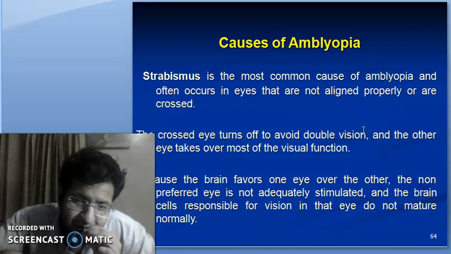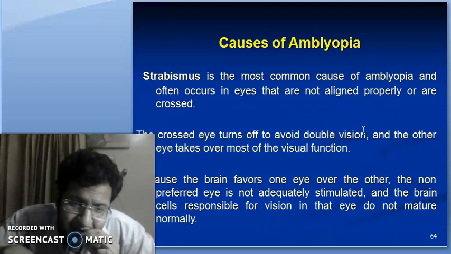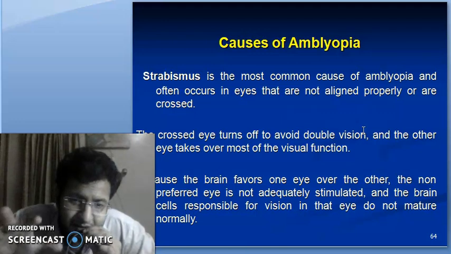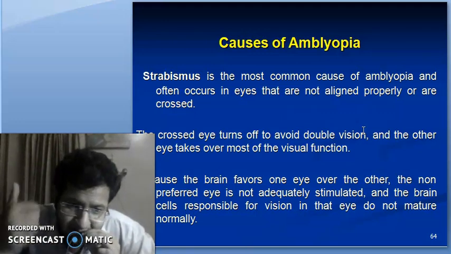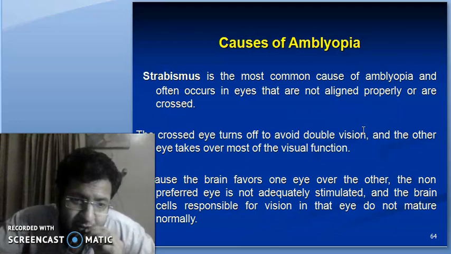Because the brain favors the fixating eye over the amblyopic eye, the non-preferred eye, the amblyopic eye is not adequately stimulated, and therefore the brain cells responsible for vision in the amblyopic eye do not mature normally. That is, the ocular dominance columns of that eye do not mature, and hence amblyopia results.